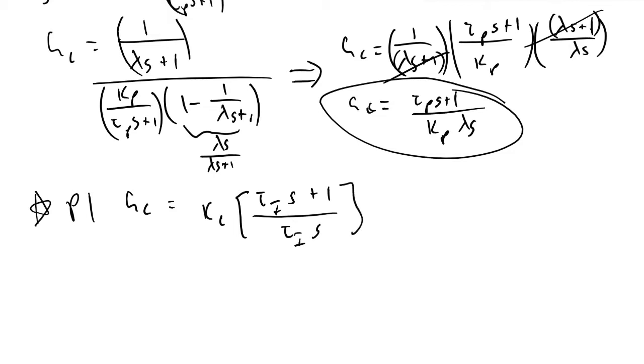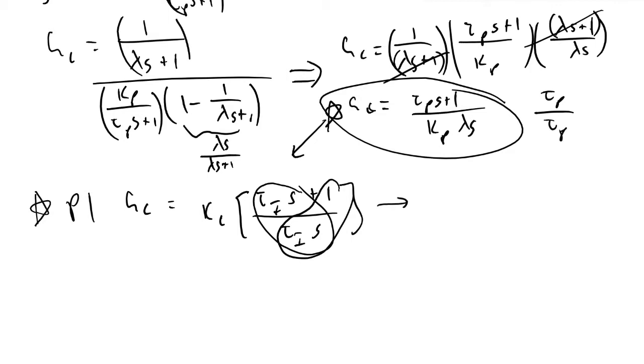So this form right here is the P part. This part is the I part, the integral part of the PI controller. We can rearrange GC into this form. And so when we do that, we simply just multiply the top and the bottom by tau P over tau P.